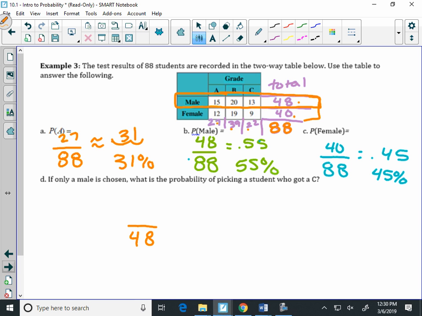And the total overall male population was 48. Of those 48, how many got a C? 13. And what is 13 over 48 as a decimal? What is it? 0.27? So again, about 27% chance of picking a male who got a C.